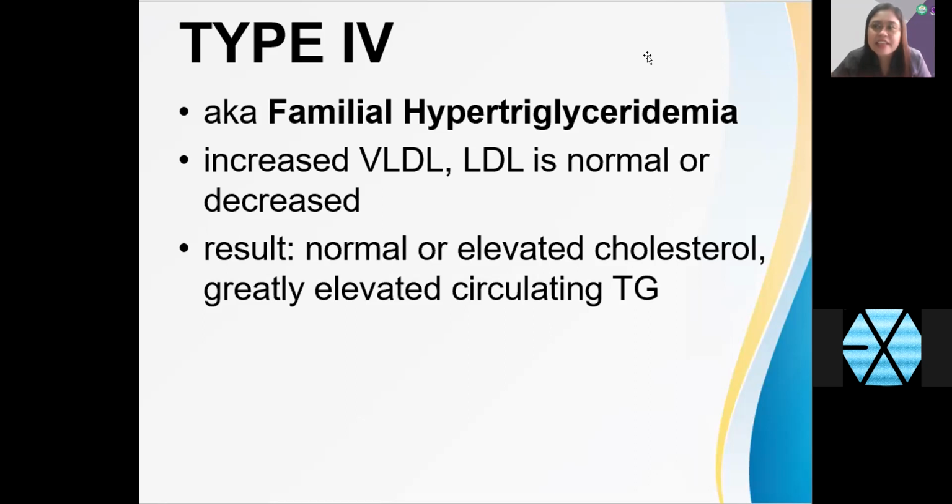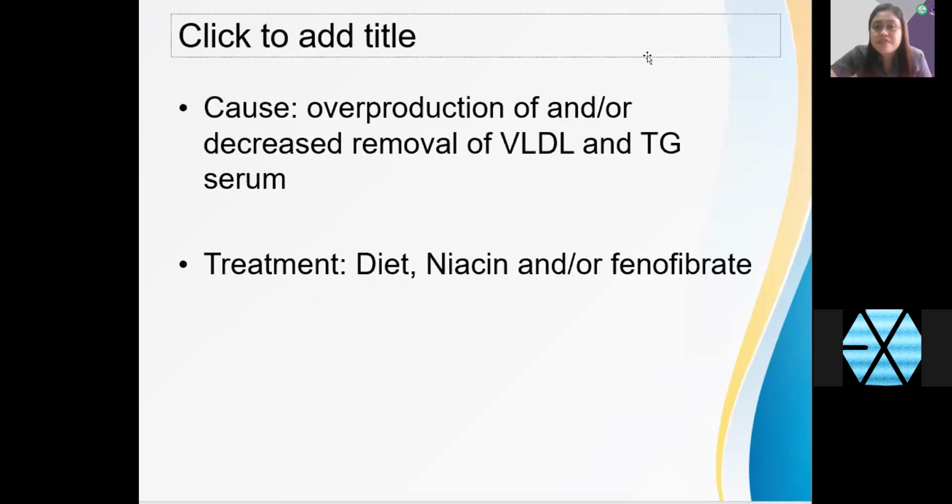So again, ang taas kay VLDL, that will lead to the formation of the triglycerides. But if we look at the LDL level, sometimes for some patients it's normal, but for some patients it's decreased.